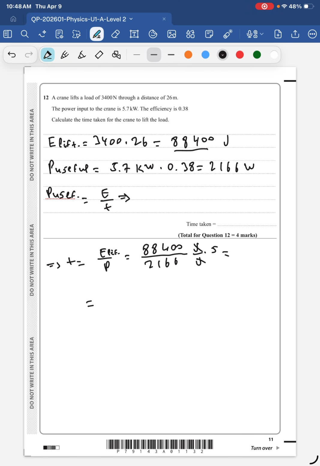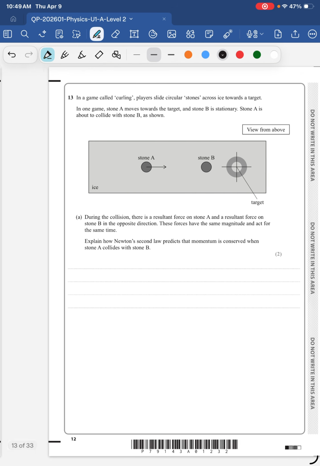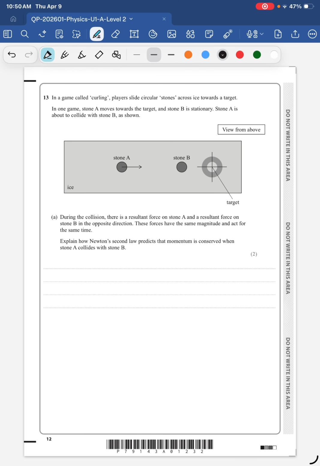So we'll need 40.8 seconds, which is about 41 seconds. This was question 12. The important thing to realize here is that you have to multiply with the efficiency coefficient to find how much useful power this crane provides.